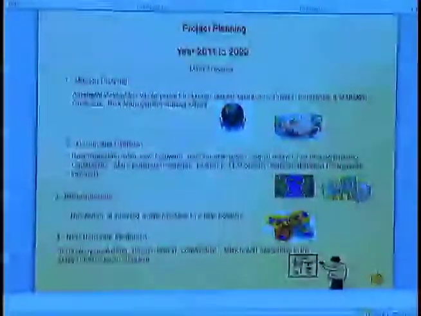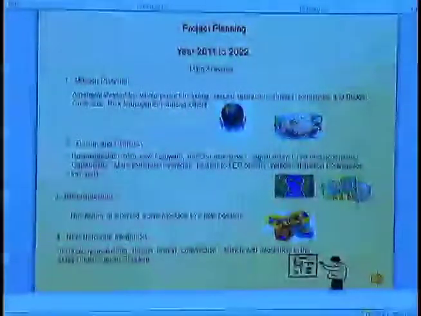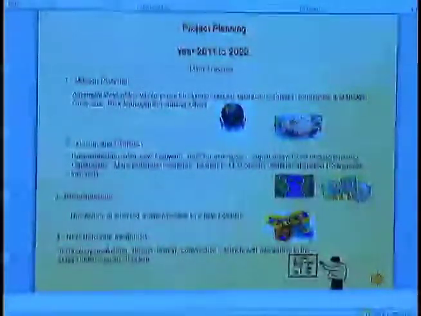Task group number 3 will be assembly. This task group will locate ISS modules while building and testing new hardware. And task group number 4 will be the new hardware integration task group.